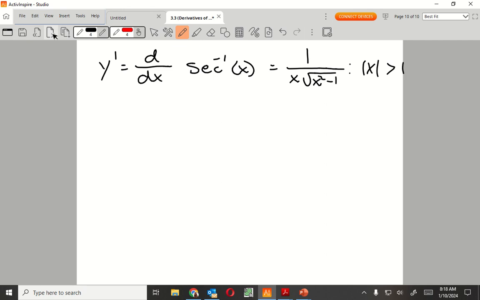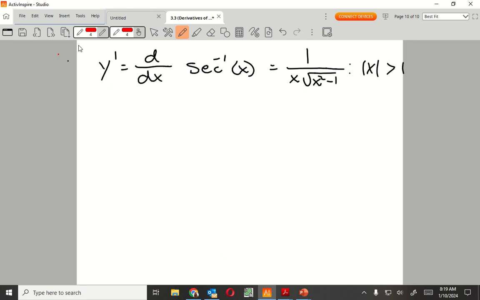Now, can anyone tell me why the absolute value of x has to be greater than 1? Yeah, square root of 0, right?